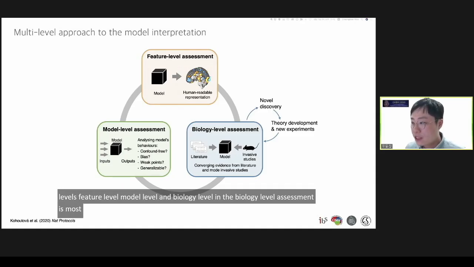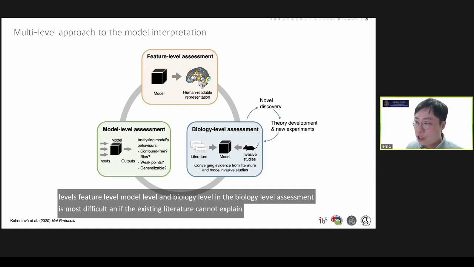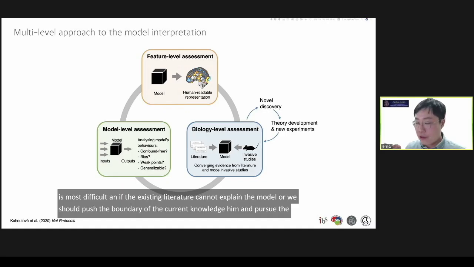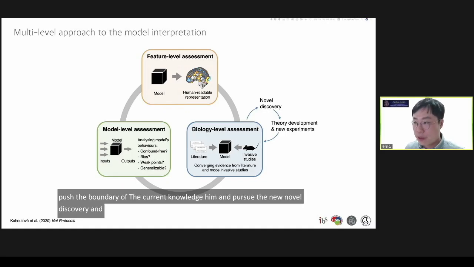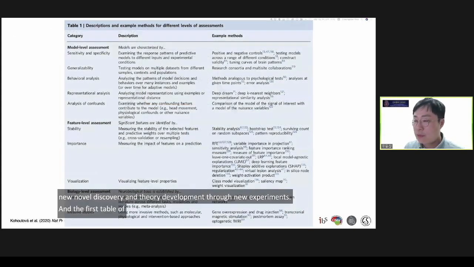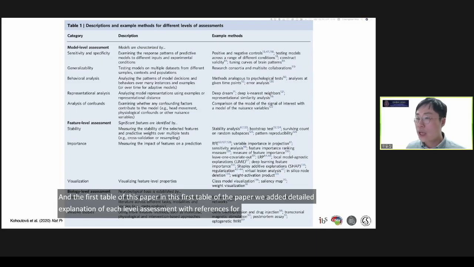If the existing literature cannot explain the model, we should push the boundary of current knowledge and pursue novel discovery and theory development through new experiments. In the first table of this paper, we added a detailed explanation of each level of assessment, with references for example methods, so that you can find the details later.